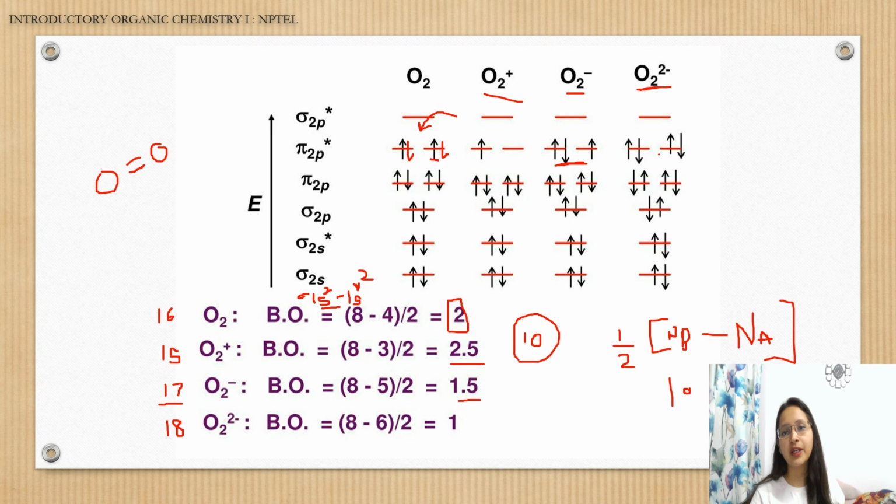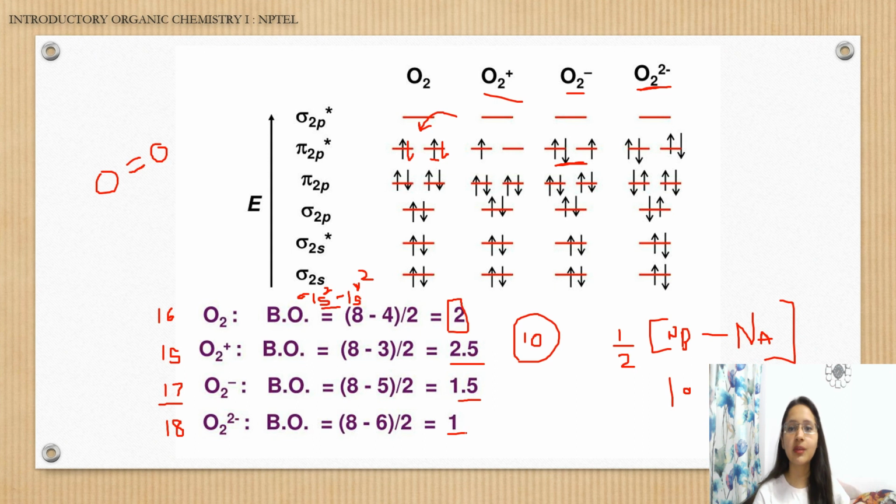So the number of electrons in the anti-bonding orbital is increasing now. So what is the number now? In the anti-bonding orbital of O2 2 minus, how many electrons? Sorry, 8. Yeah, so 8 electrons will be there. So 10 minus 8 leads to 2. So 2 divided by 2 will get you 1.